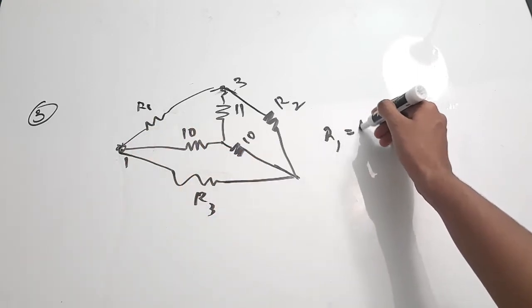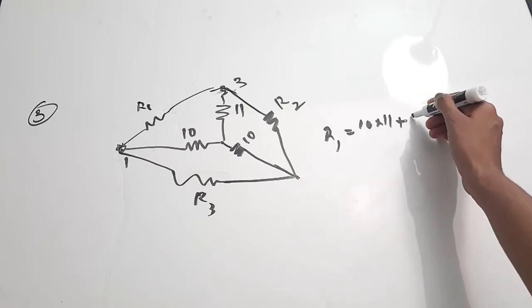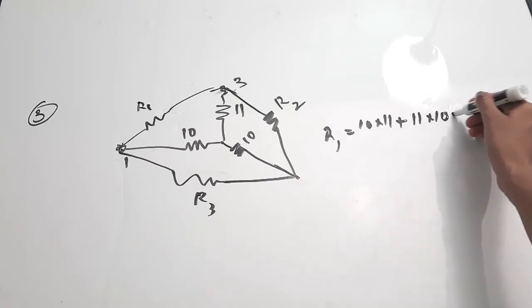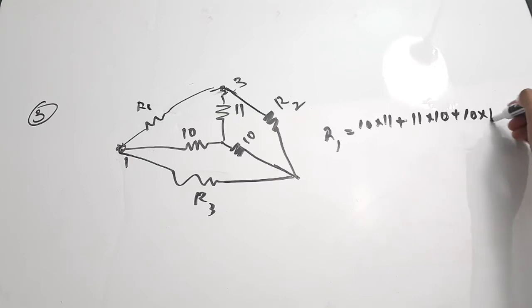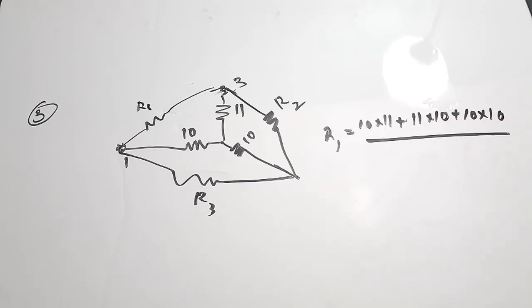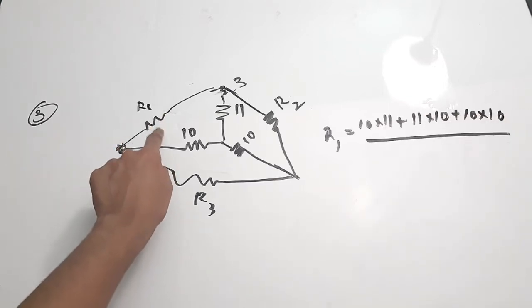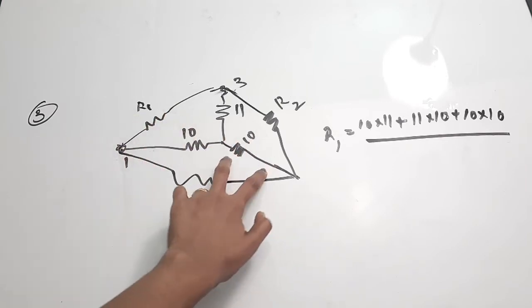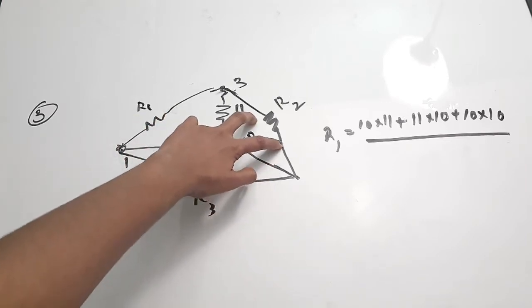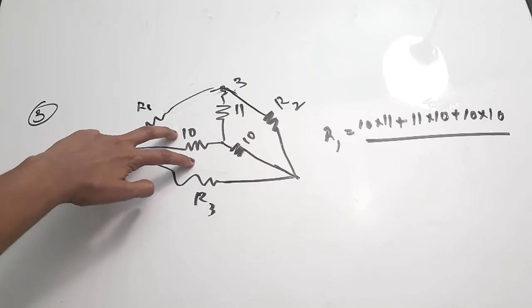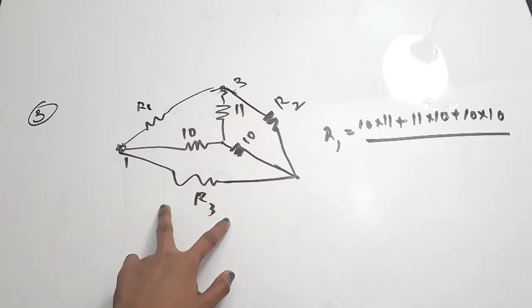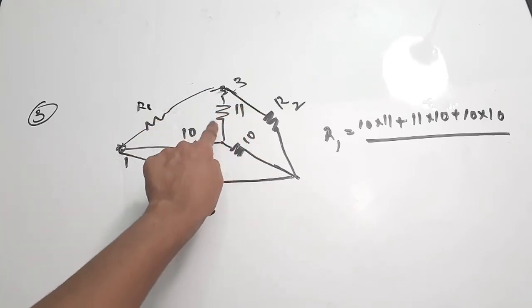R1 is equal to 10 into 11 plus 11 into 10 plus 10 into 10, divided by the opposite one. So this is R1 and the opposite branch is this. For R2, the opposite branch is this. For R3, the opposite branch is this 11 ohm, right?